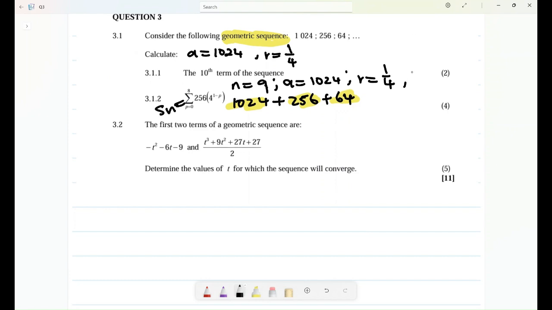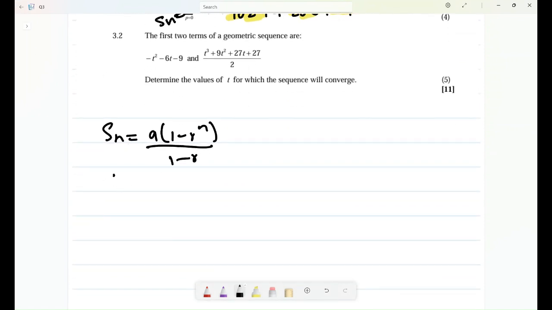So what we are looking for is Sn. All right, let's do so. Remember this is geometric, right? So how do we find Sn for geometric? Sn is equal to A times 1 minus r to the power of n, divided by 1 minus r, right?